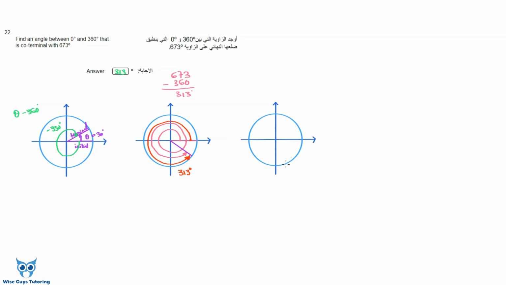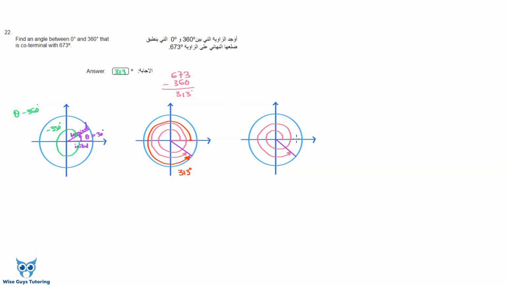Why do I have this third circle, you may ask? Because there are many, infinite in fact, coterminal angles with 673. Let me redraw it, right? This was the initial one, that's 360, and you keep going for about 313 more, and that was the terminal side. But I can have infinite other angles which are coterminal with this one. We've seen this one, which is 313.